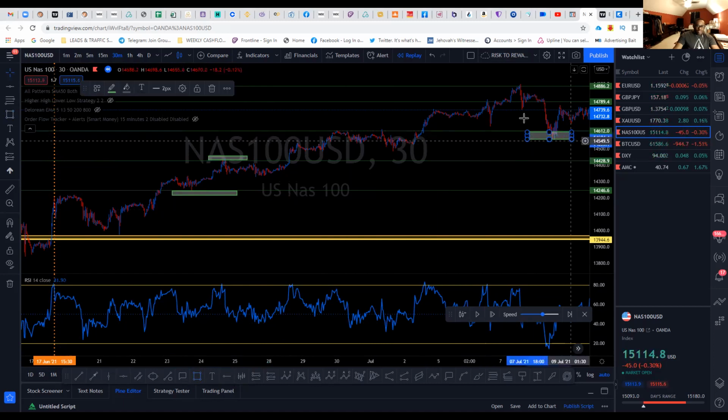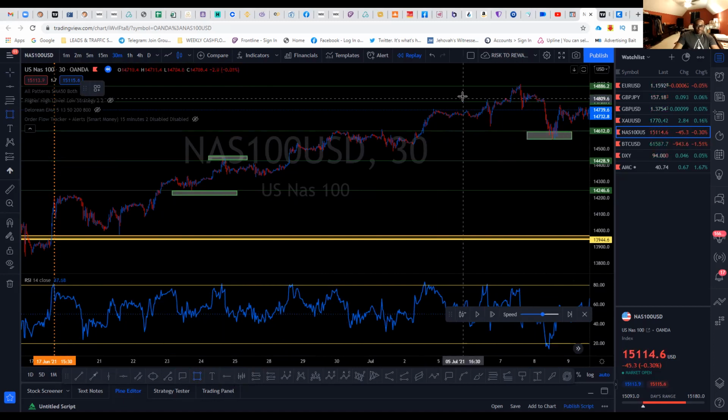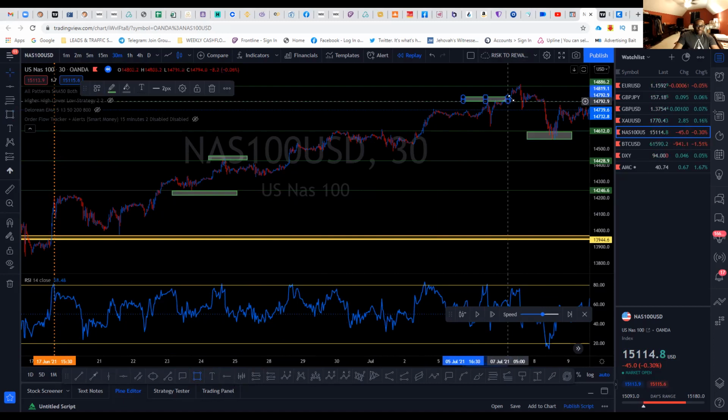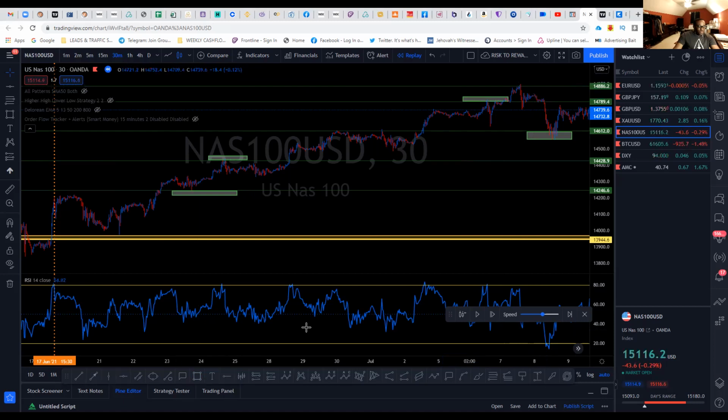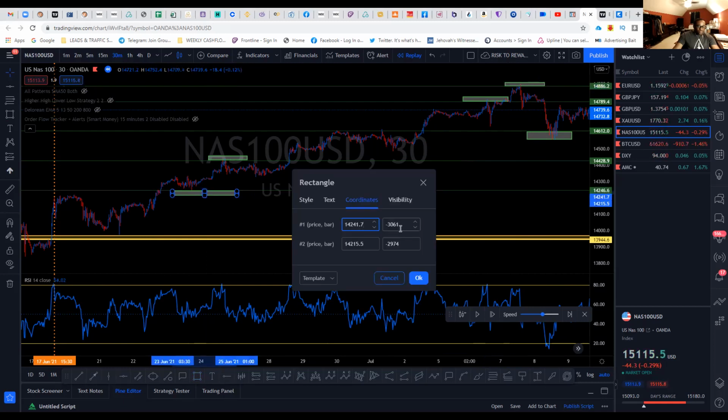Might make this a little bit thick, not too much. I'm trying to stay away from that. There. Oops. Come on. All right. Now we're going to change the coordinates to these and stretch these out. That way we know which time frame these are.